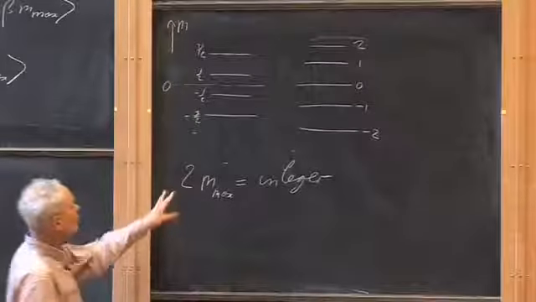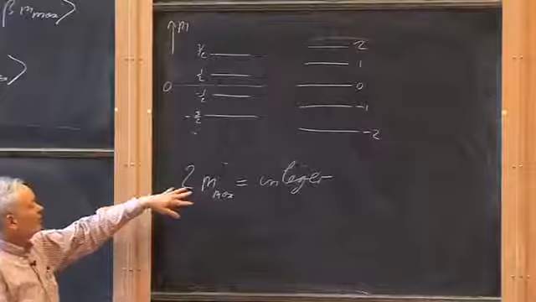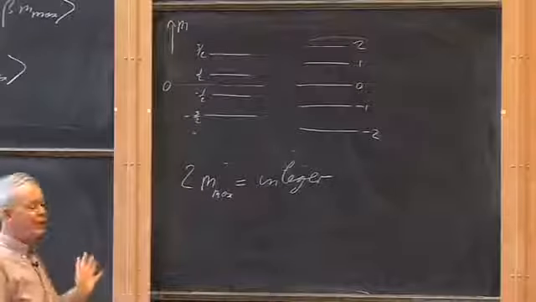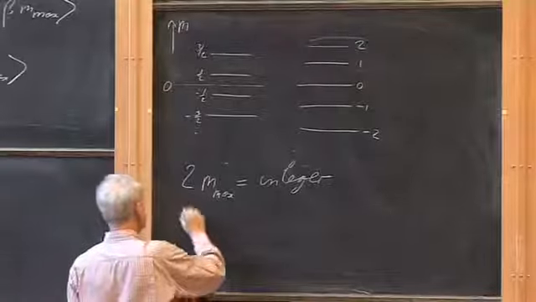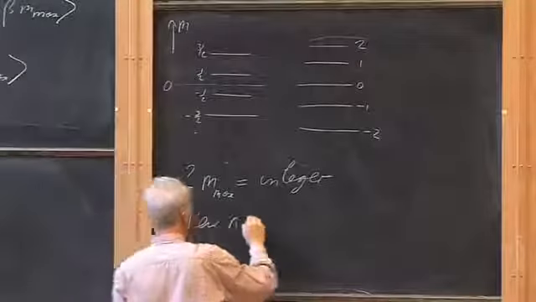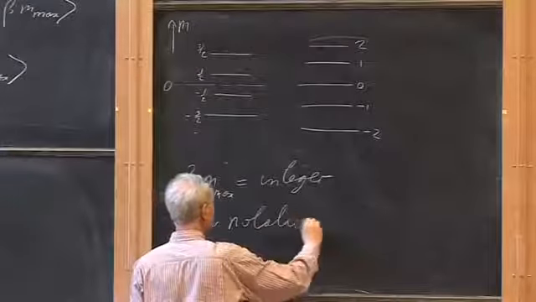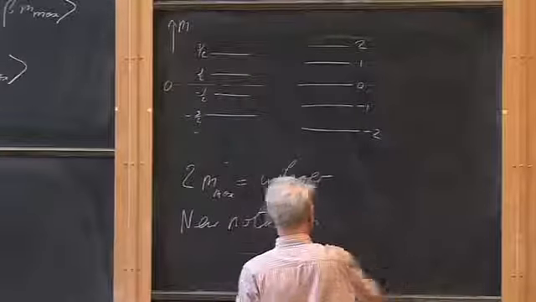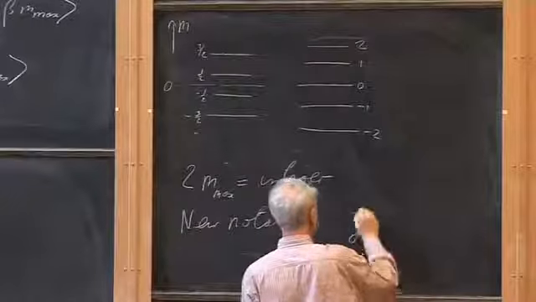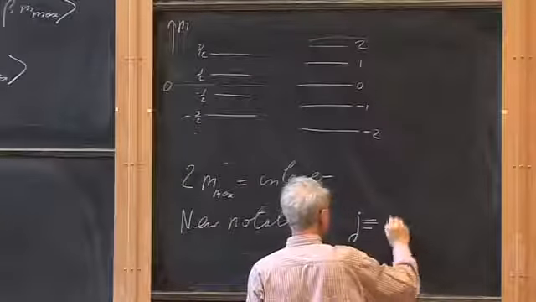Now, we could carry on talking about beta and M max, but it's extremely boring and nobody does that. What they do is they use a new notation. The new notation is that J is what you mean by M max.